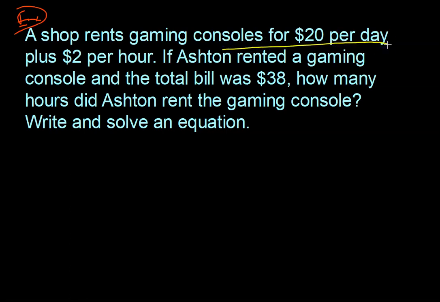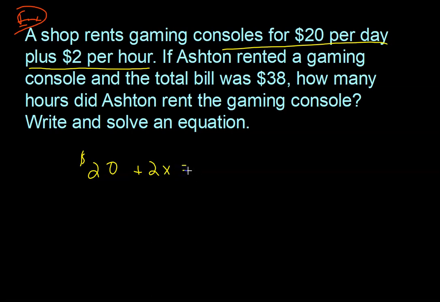So that's your flat fee, a fee that's not changing, $20. And then what changes is the hourly, how many hours he has. So it's $2 per hour. So that's 2x. Per means it's times something, and it's 2 times x, because we don't know how many hours he has it.